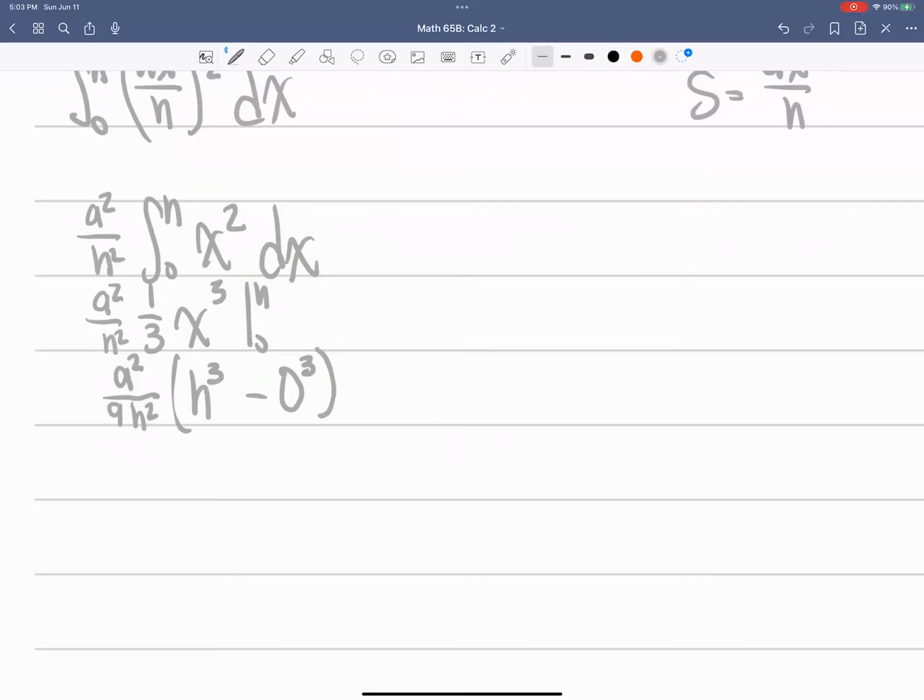So from here we have a squared over, oh, why did I put 9? That should be 3. So a squared over 3h squared times h cubed, because the lower part went to 0, so we're just left with h cubed.